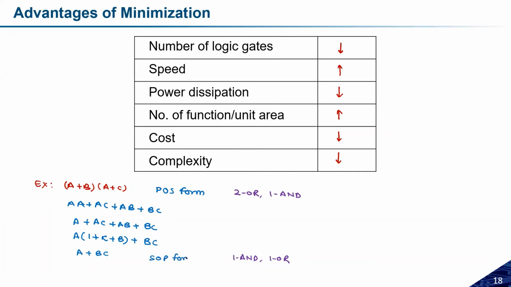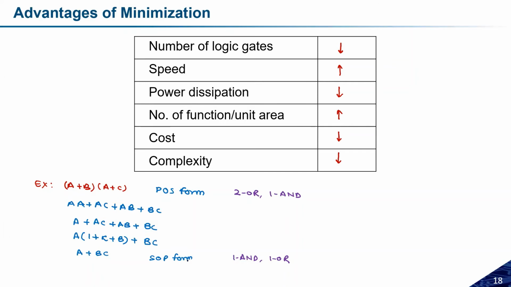Sometimes, this is really very important. Suppose there is any function that requires more gates; this function can either be in the POS form or in the SOP form. If you change from POS to SOP, the number of gates required might be reduced.